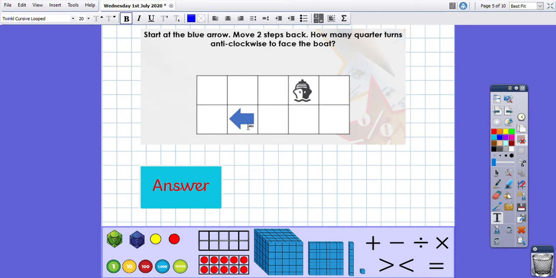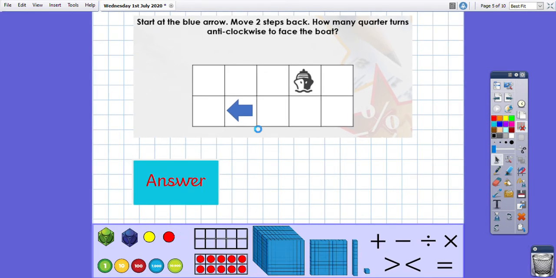Start at the blue arrow, move 2 steps back. How many 1/4 turns anti-clockwise to face the boat? So I'm going to use a little counter again. So I'm going to start here and move 2 steps back. 1, 2. Remembering that I'm still facing this way. I've not changed the way I'm facing. I then need to move anti-clockwise, which is that way, to face the boat.